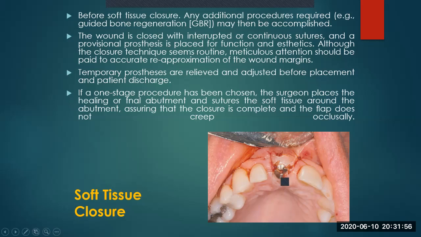I used this a lot, especially when I didn't have an assistant, because in this case I can do reflection of this flap at the buccal side or labial side, and on the other hand I used to drill the bone for the insertion of the dental implant.